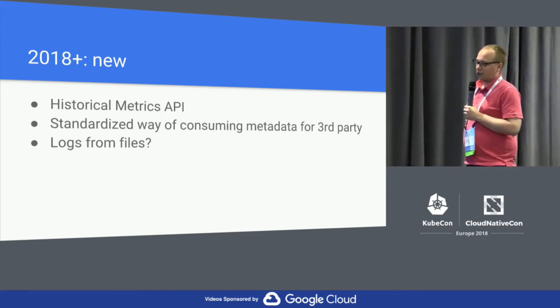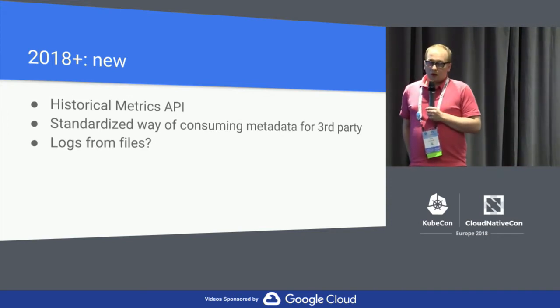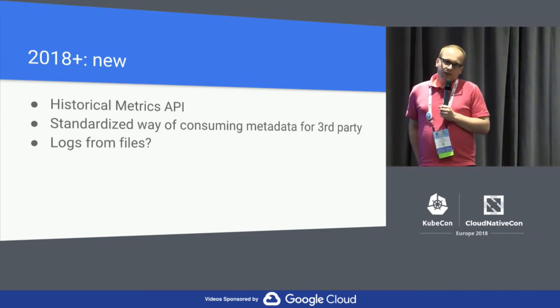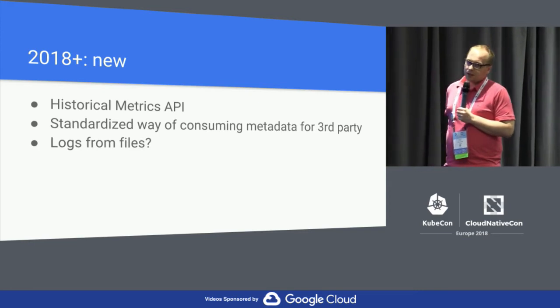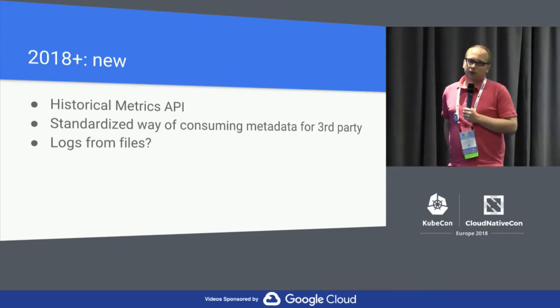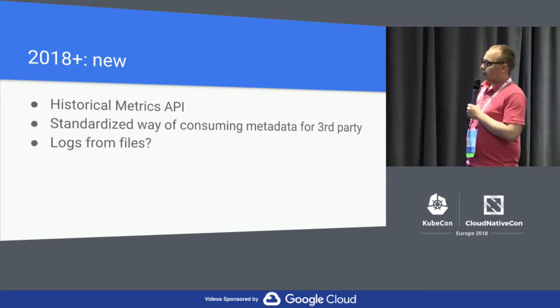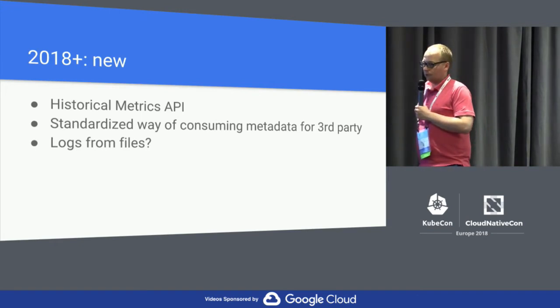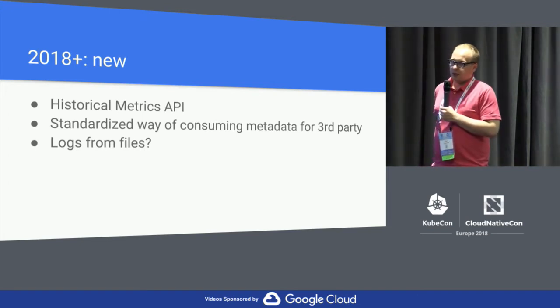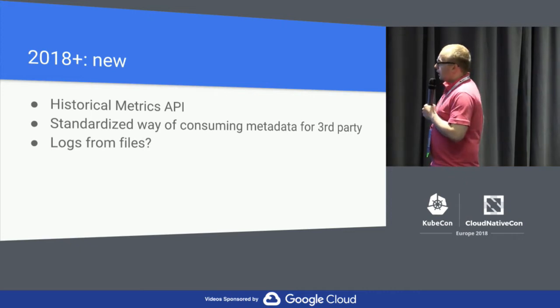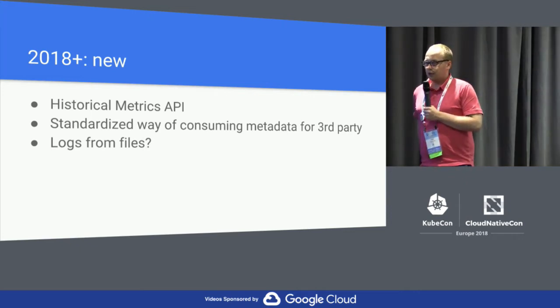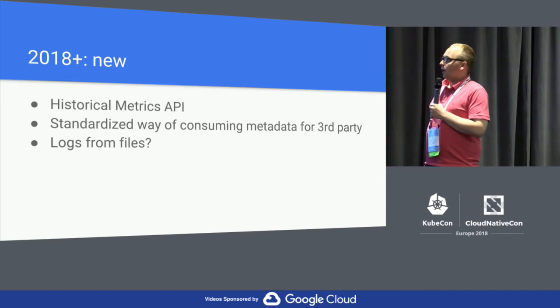Logs are handled in a way that the logging path contains some subset of metadata that is crucial to understand which pod those logs belong to. And we would like to standardize around this. We would like to provide an official guideline on how to integrate with Kubernetes.